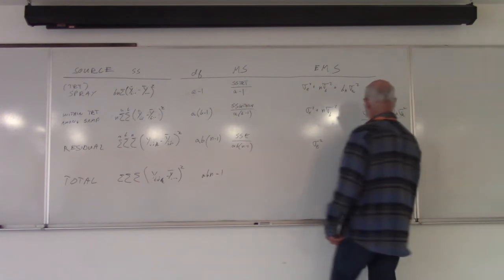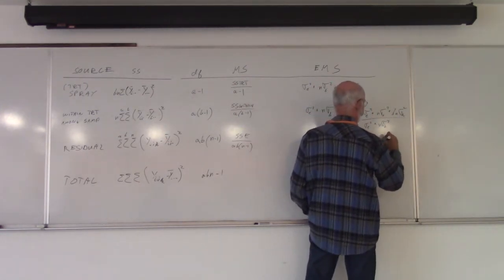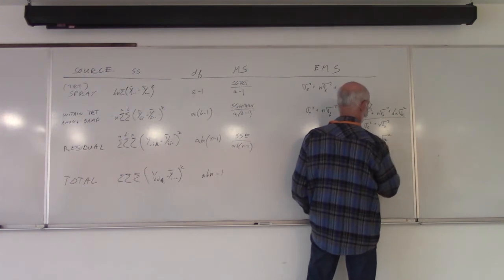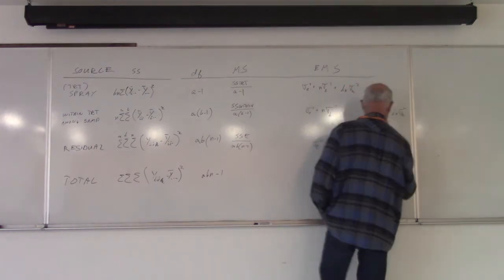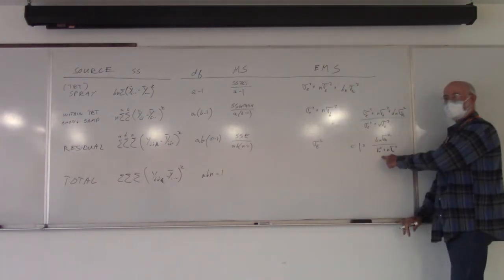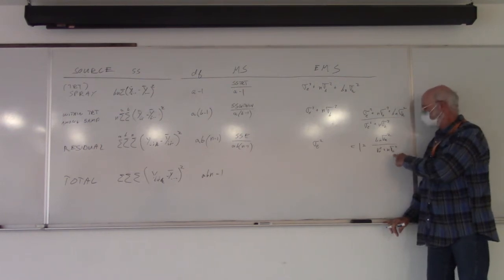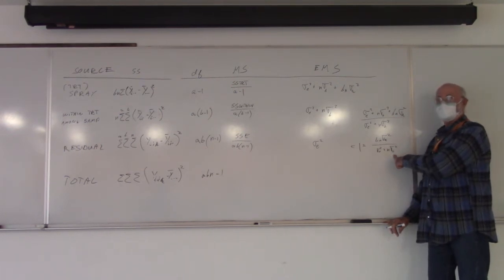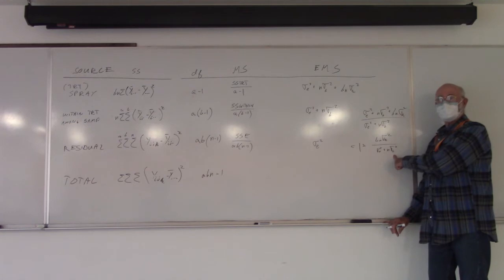So now you divide that, and that equals 1 plus Bn sigma A squared divided by sigma E squared plus n sigma B squared. So here you're accounting for variation amongst the leaves and variation amongst the trees. Okay? Now you have an F-test.